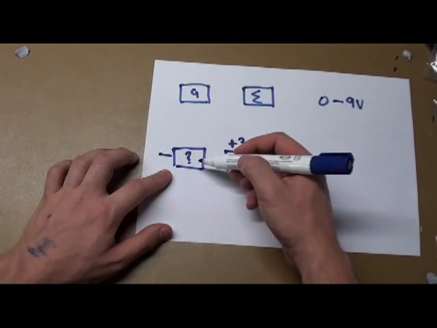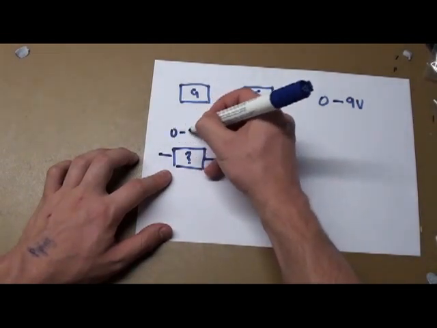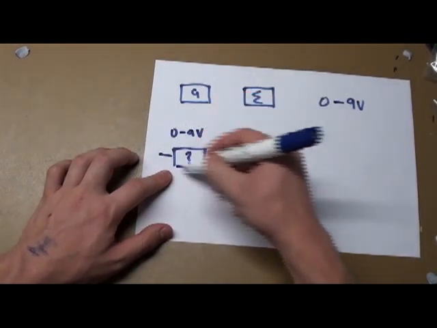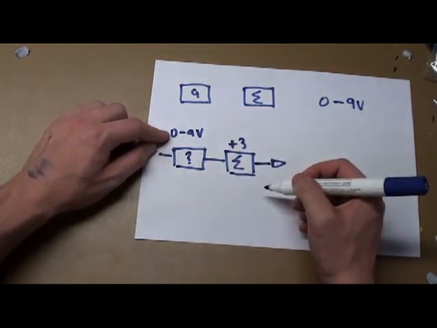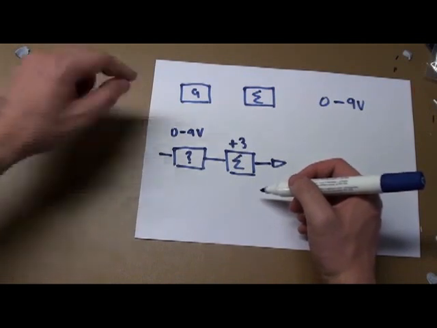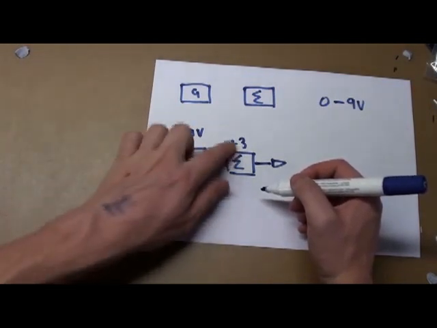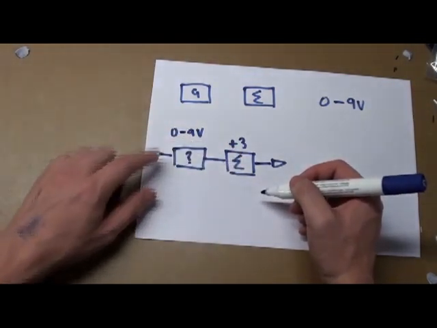So now we've got to work out what can make our signal 0 to 9 volts inside here. We know that if we put 0 in and multiply it by something, then we get 0 out. So that's good. We don't need to do any more of this addition stuff.